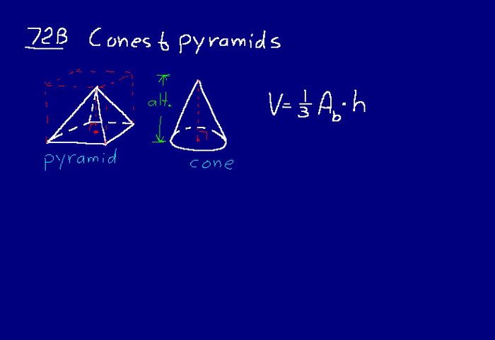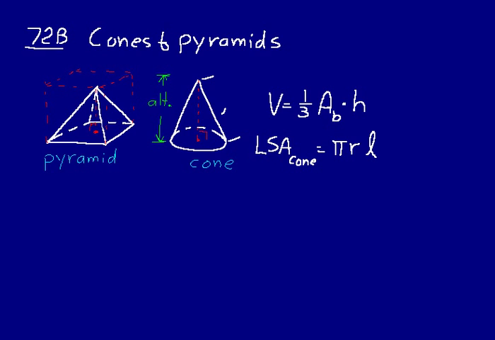And what you do on that, there's a special formula, and we'll say LSA for lateral surface area, and then subscript cone. That's equal to pi times the radius of the base times the slant height of the cone. This is the slant height. Look over on the cone.